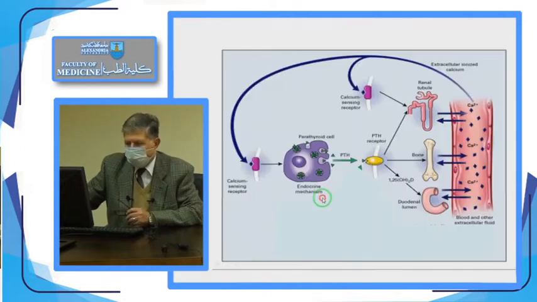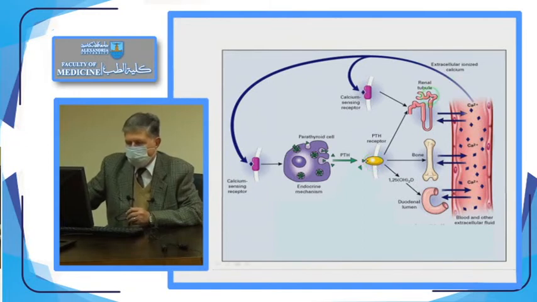And to recall the physiology of calcium homeostasis, this is, as you see, the parathyroid cell, and it secretes parathormone, which circulates in the body to act on the tissues by binding to surface receptors called the PTH receptors.